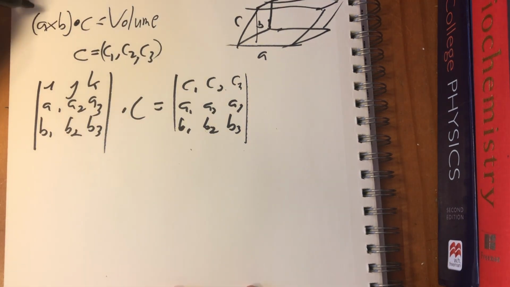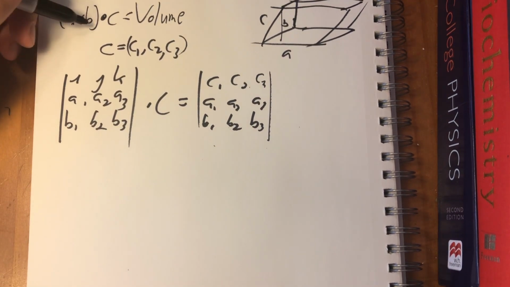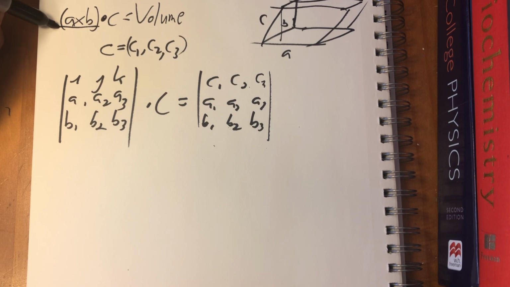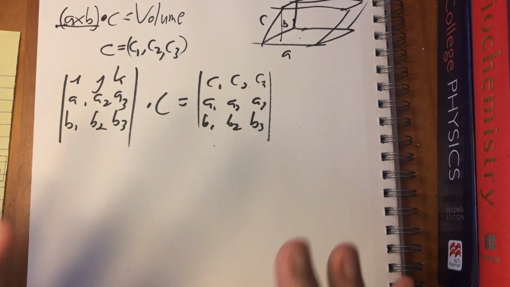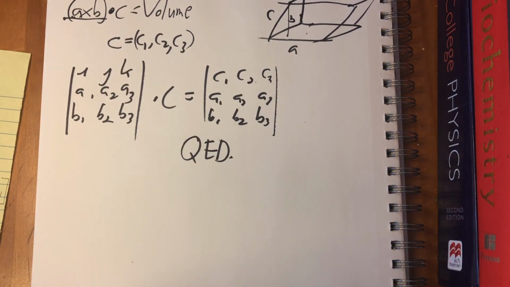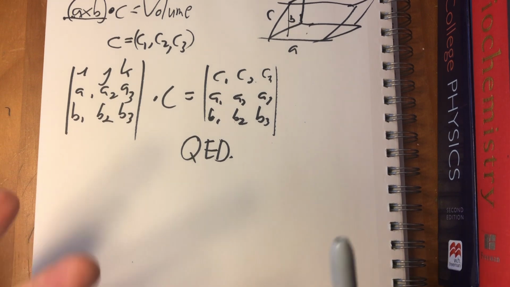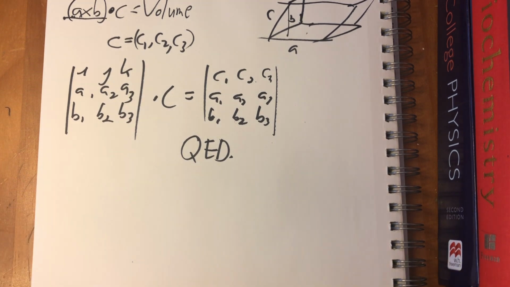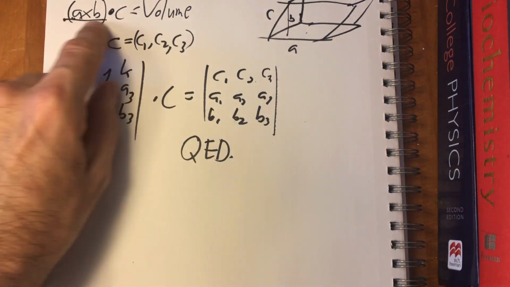And we showed that indeed this is normal, and the magnitude of this is the area of the base. That's what we wanted to show. So we're all done. So again, the cross product is not a thing in itself, it's just there in order to make this equation work.